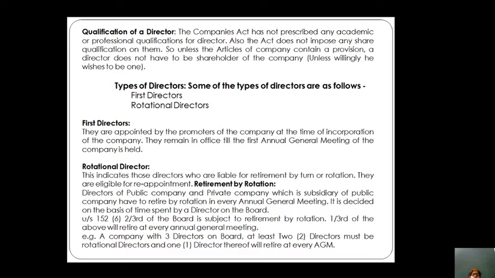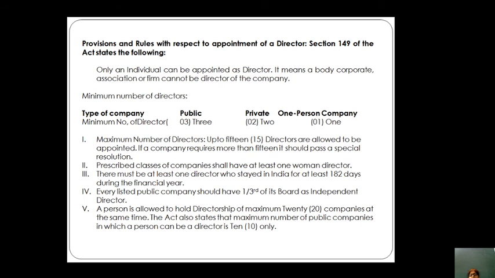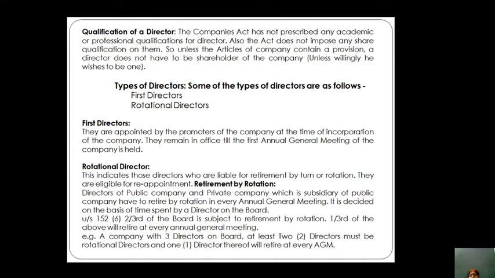It is decided on the basis of time spent by the director on the board. Correct. So under section 152 subsection 6, two-thirds of the board is subject to retirement by rotation. Again, one-third, what we have seen here, is that they should appoint at least one-third of the board of directors. If there are 20 persons in the board of directors, one-third will be appointed.